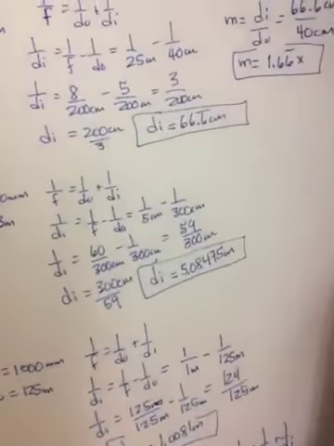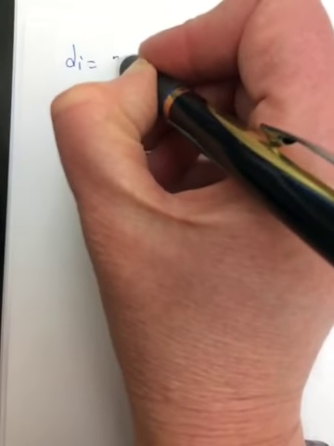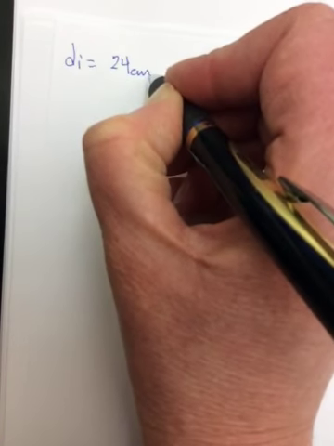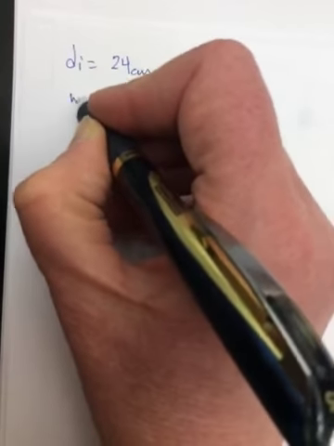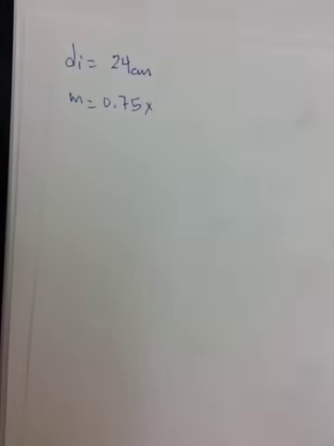Last one. See if we can do it before we run out of time. A convex lens is needed to produce an image that is 24 centimeters behind the lens. An image 24 centimeters that is 0.75 of its size, so magnification is 0.75 times. And it wants to know what focal length should it have.